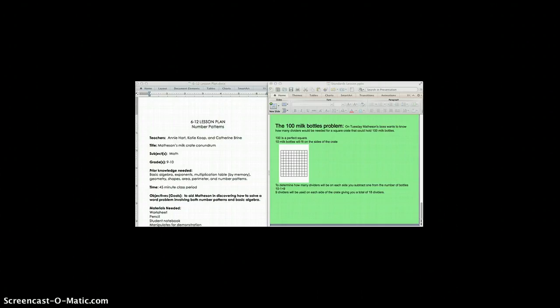As we know, the number of dividers in a milk crate is 1 less than the number of bottles that will fit on the sides of the crate. Since 10 bottles are fitting on the sides of this crate, 10 minus 1 equals 9. That means that 9 dividers will be used on each side. Since 9 dividers will be used on each side of the crate, we know that 18 dividers will be used in total because 9 times 2 is 18.